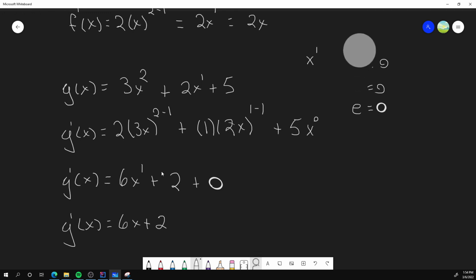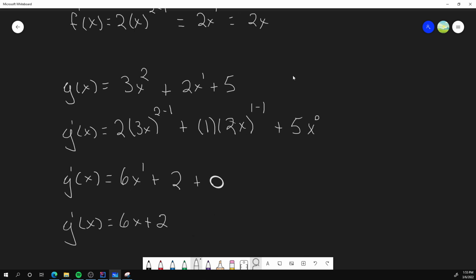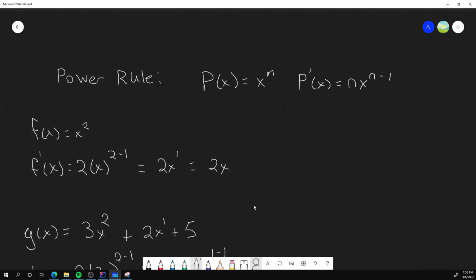And then same thing for, well, not necessarily the same thing, but we'd say that the derivative of x to the power of 1 is equal to 1, 2x to the power of 1 is equal to 2, etc. And so we can use those rules to our advantage. And if it's not something like that, then we can just use the regular power rule, which is stated up here. And that's basically it. It's really not a complicated rule.